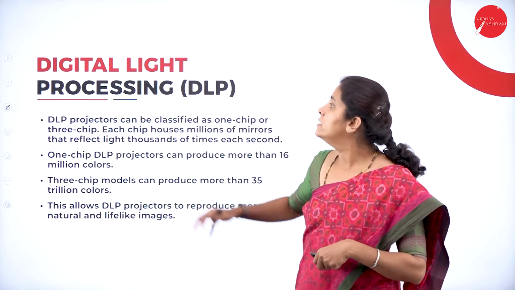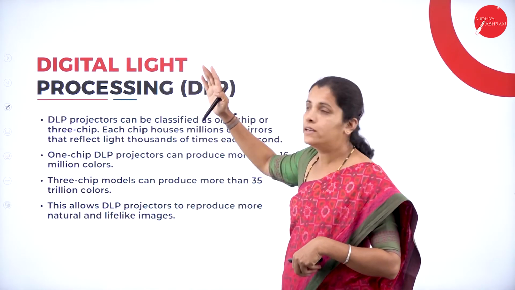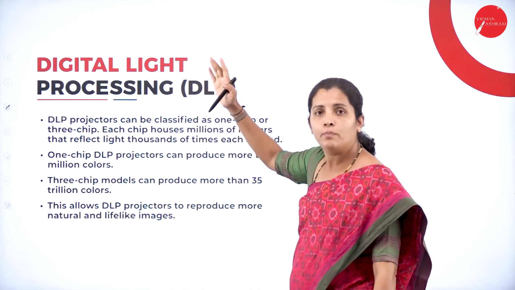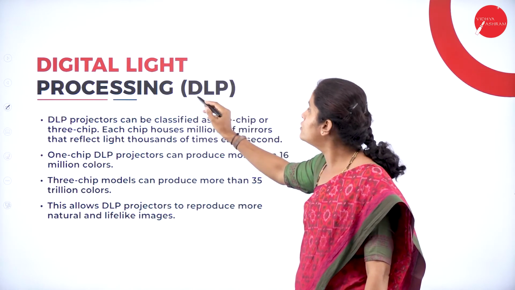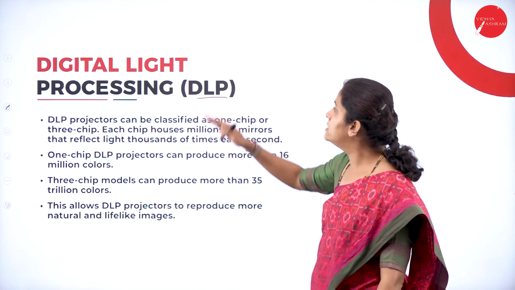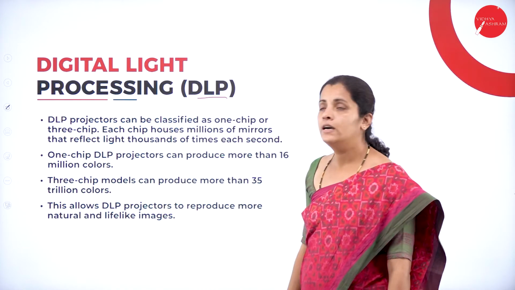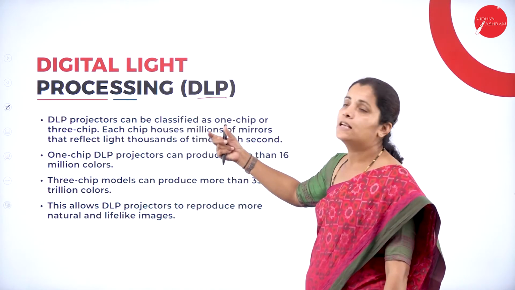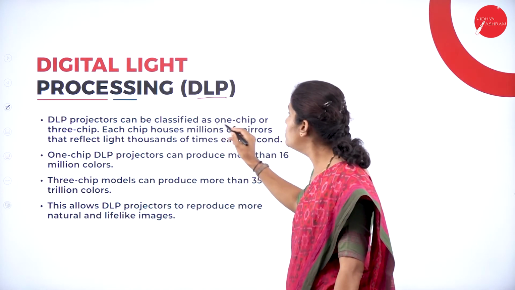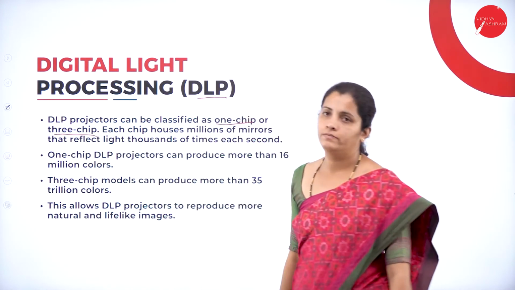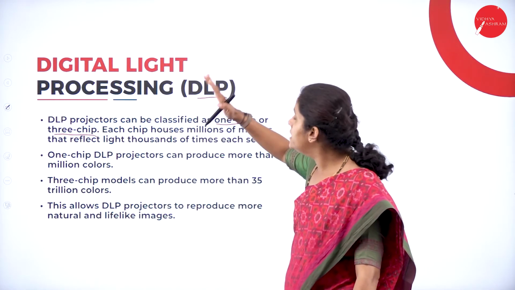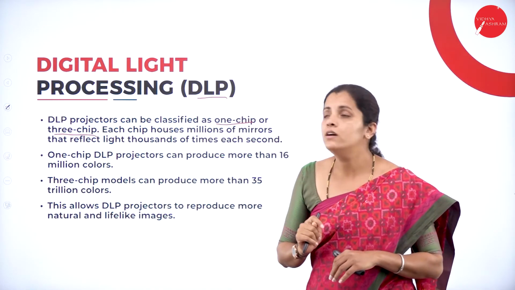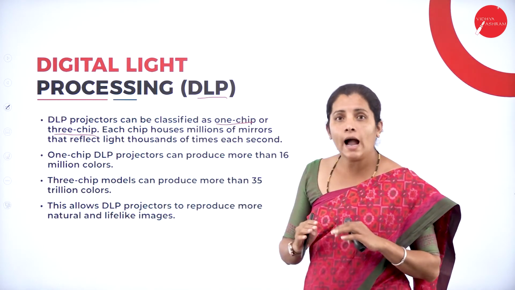Moving forward, digital light processing. This is another type of projector, also called DLP, that is digital light processing. A DLP projector is classified as one chip or more chips.